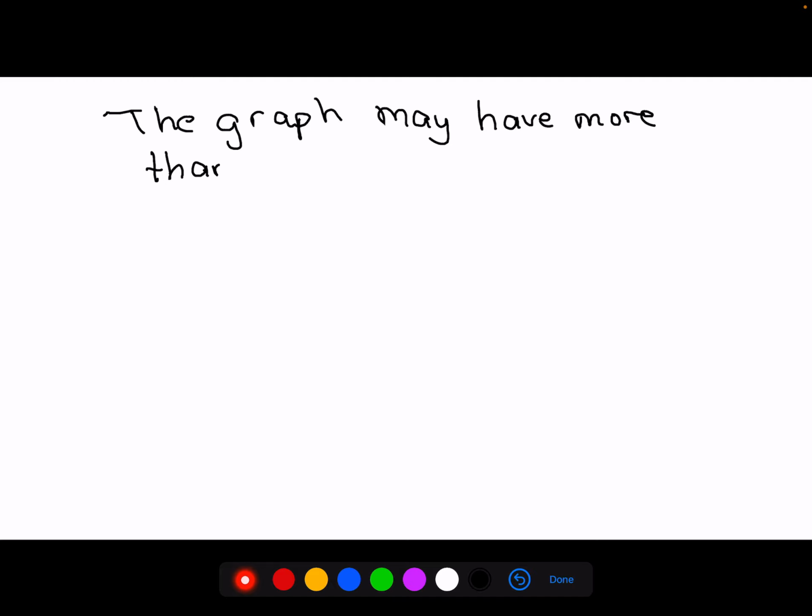The graph may have more than one vertical asymptote or none. So that's a possibility.